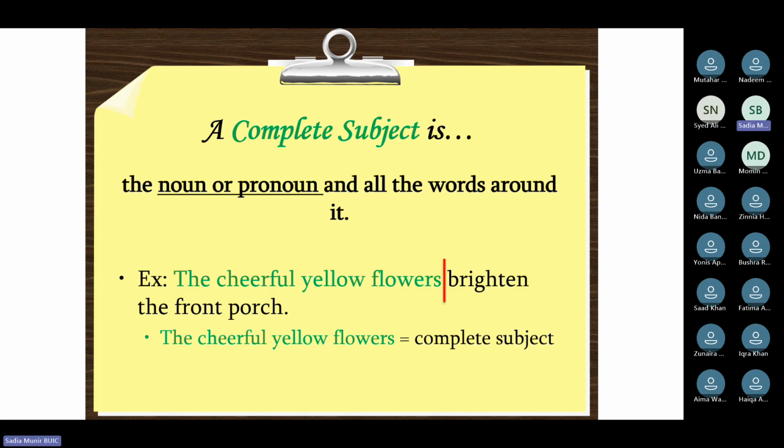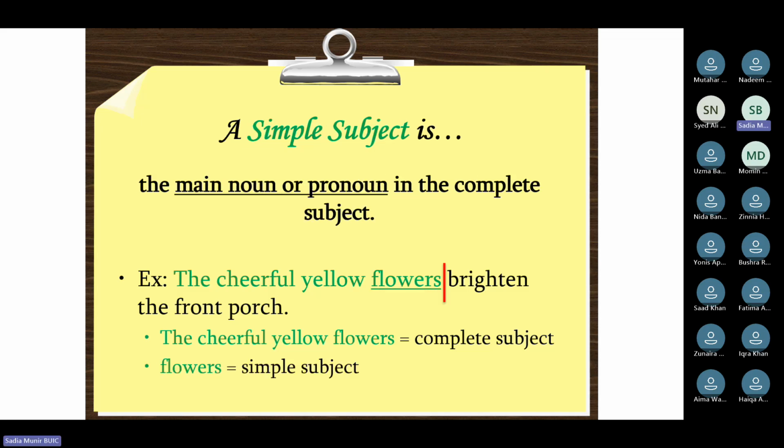They are complementing the noun. So all of it all together would be a complete subject, right? Simple subject would be the flowers, that is a noun, and the rest of it coming with it, that would turn this into a complete subject. So one type is simple subject, the other type is complete subject.